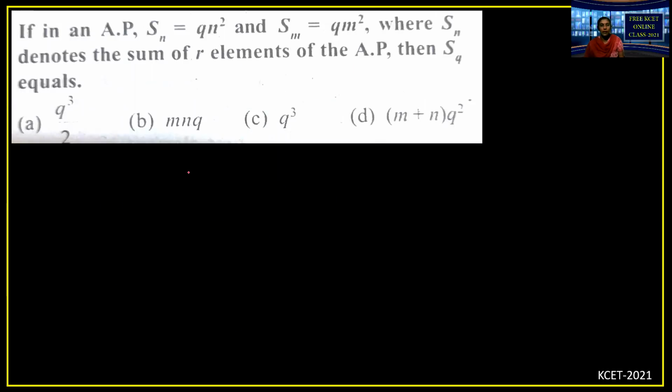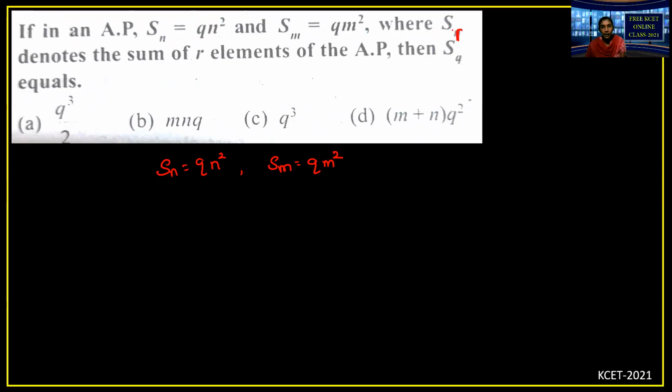Next question is, if in an arithmetic progression, Sn is given by Qn square, Sm is given by Qm square, then Sr, sorry, there is a typing error.